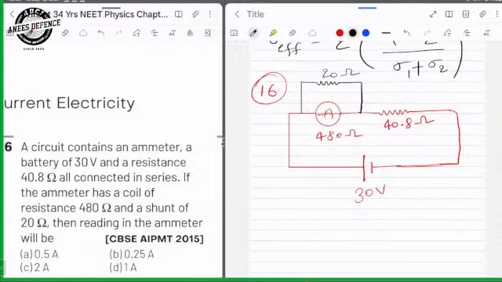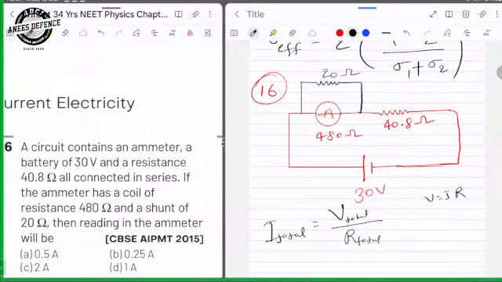First calculate total current. Then you can calculate potential. So for total current, V is equal to I into R. So listen carefully, I total is equal to V total upon R total, the effective resistance. Yes or no? V total is 30.